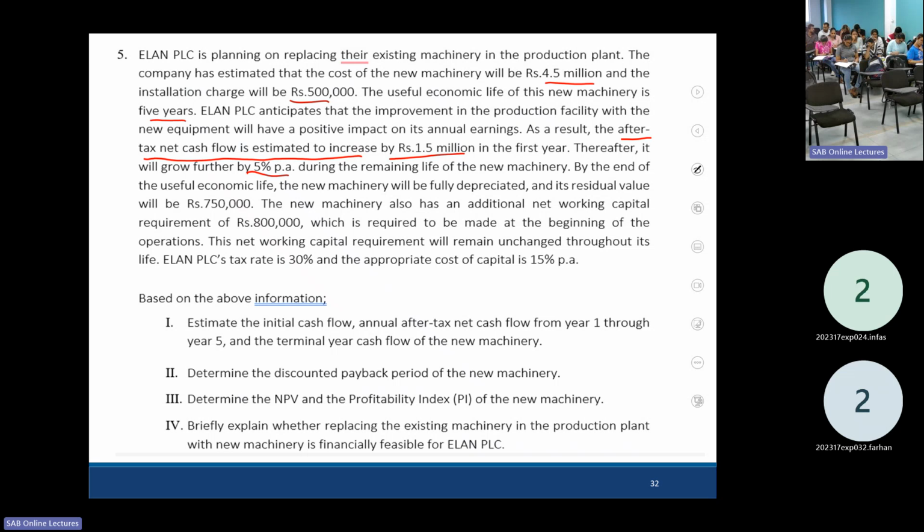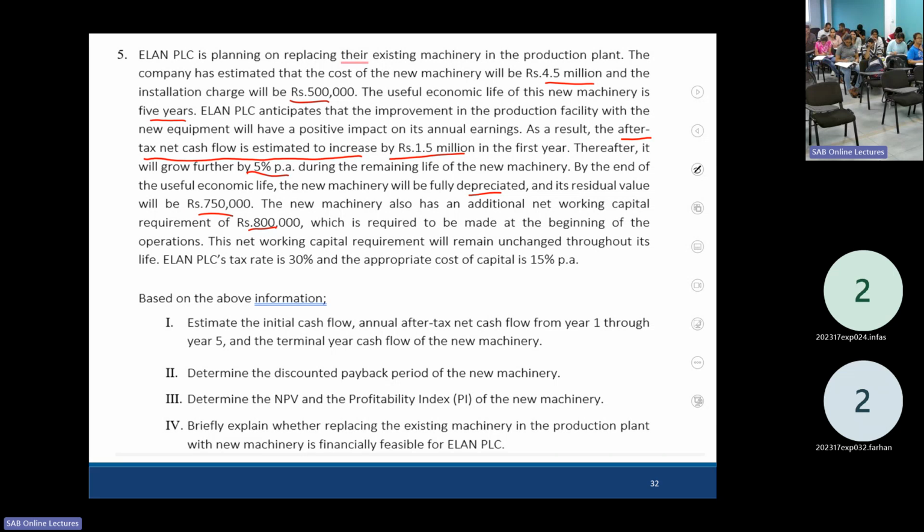By the end of useful economic life, the new machinery will be fully depreciated and its residual value will be 750,000. New machinery also has an additional net working capital requirement of 800,000, which is required at the beginning of the operation.